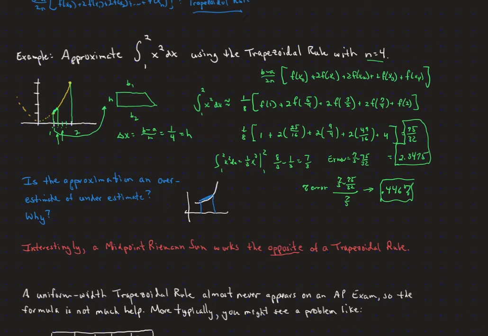As opposed to if we were trying to approximate a function that was concave down using a trapezoid, we would undercount it because there'd be a gap there. So our approximation, because our original function is concave up, is going to be an overestimate. And the reason that we have to give in the eyes of AP is because our original function f is concave up.